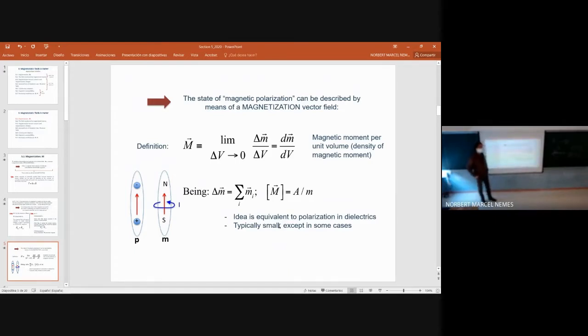If they are ordered, like in a ferromagnet, then they probably have the same value, so then it will just scale with a small volume. And that's the same way you define the electrical polarization vector P. So the magnetization vector M is just the limit of this delta M over delta V. That's how we can conceptually define it.